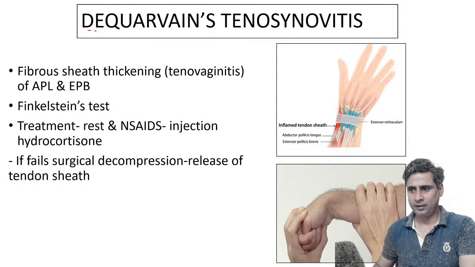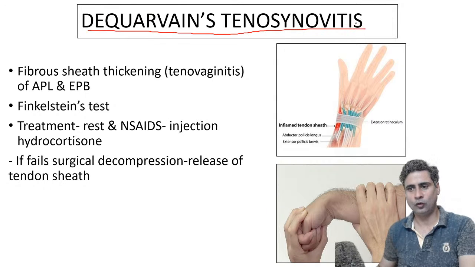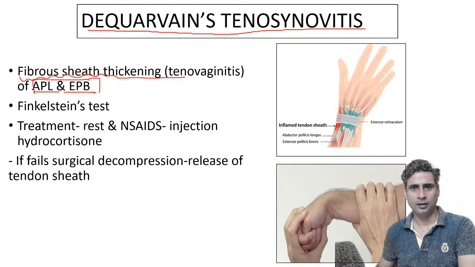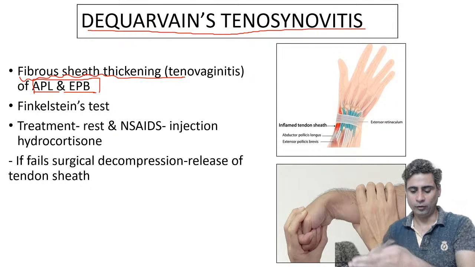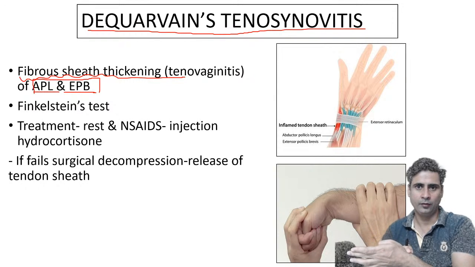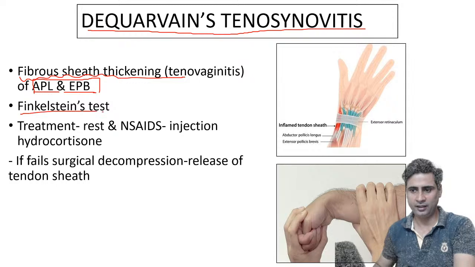The next short topic is De Quervain's tenosynovitis, where there is inflammation and thickening of the fibrous sheath, which is common for abductor pollicis longus and extensor pollicis brevis. So the patient complains of pain over the radial styloid area, which can be confirmed by Finkelstein test.